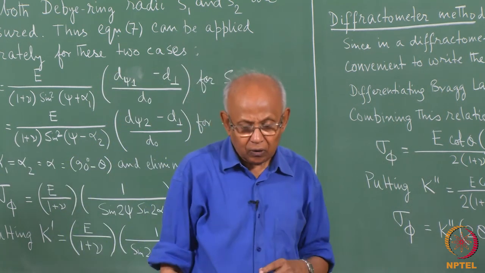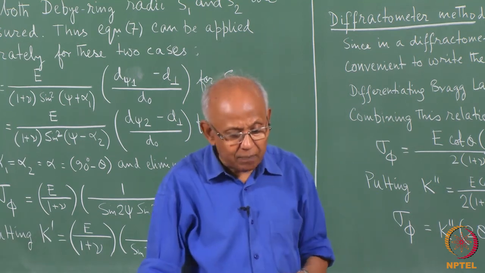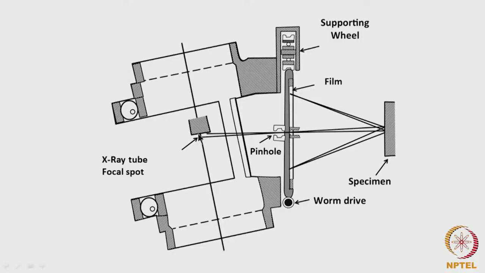Now, here is a schematic of a back reflection pinhole camera. This is the focus spot of the X-ray tube, this is a pinhole, this is the specimen, and this is the film. So, the back reflected rays are obtained in this manner.